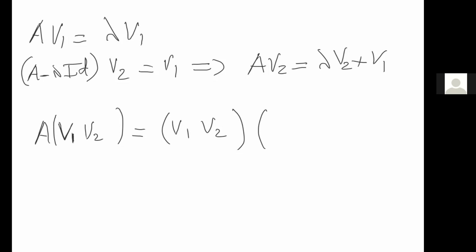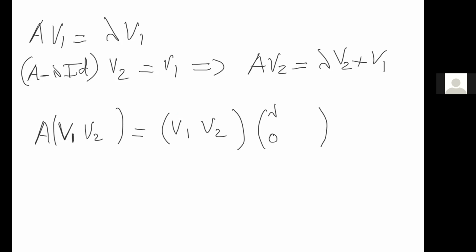If I want to obtain lambda V1 as the first column of the product, I write that, because when I do the product, line versus column, I get lambda V1 in the first column. The same now for the second column.